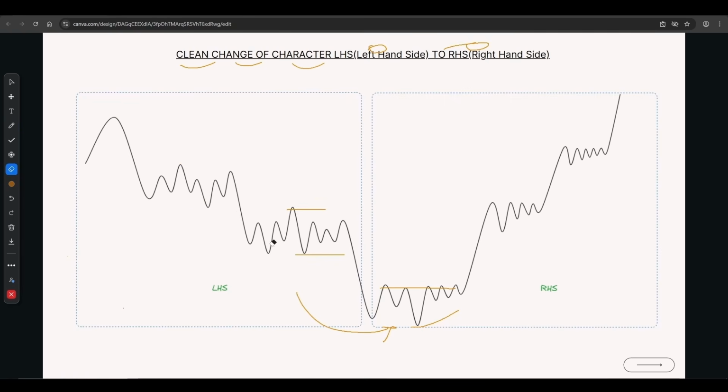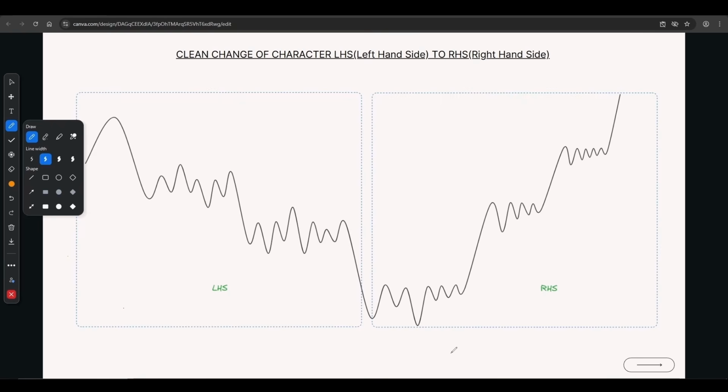And when the price is making higher highs and higher lows, it should do so with low volatility.